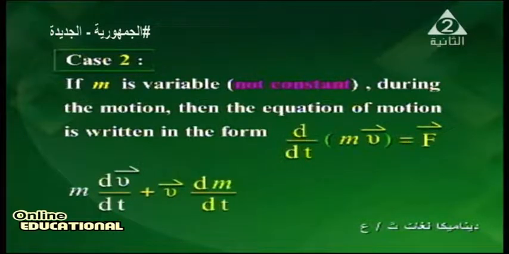The right hand side equals vector F. Then if the mass of the body is variable, Newton's second law can be written in the form m dv/dt plus v dm/dt equals vector F.